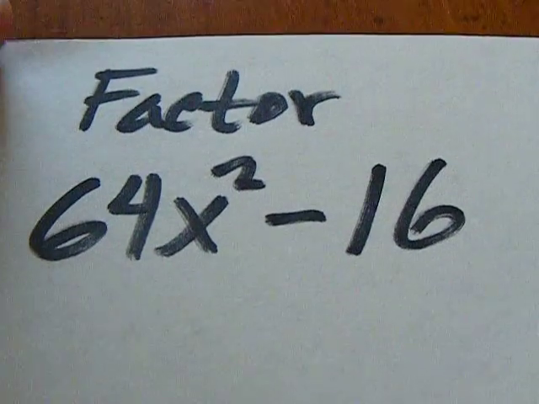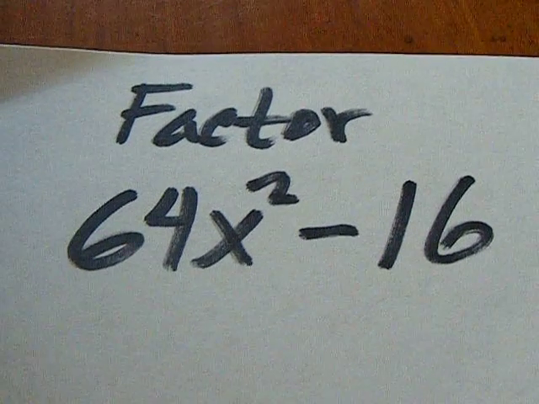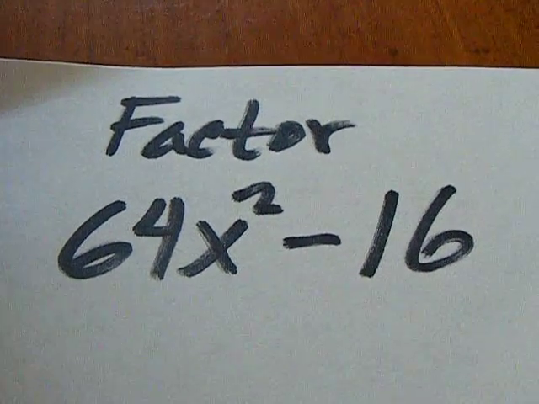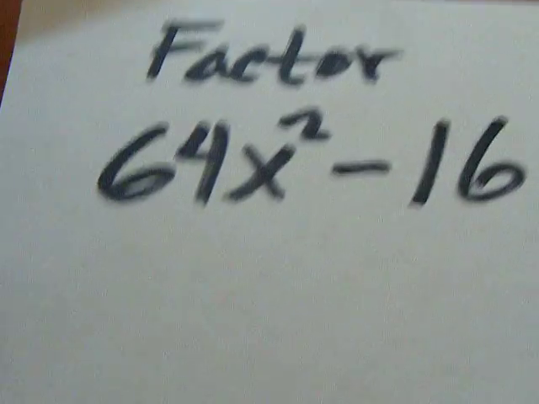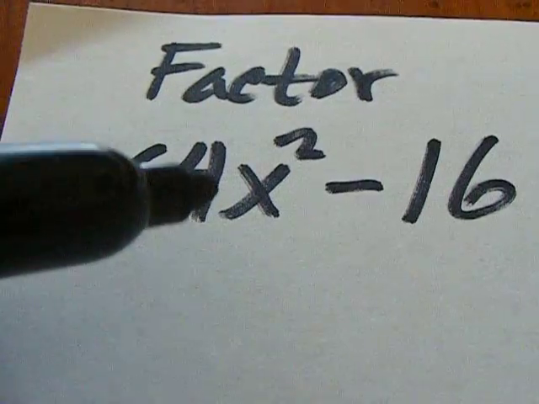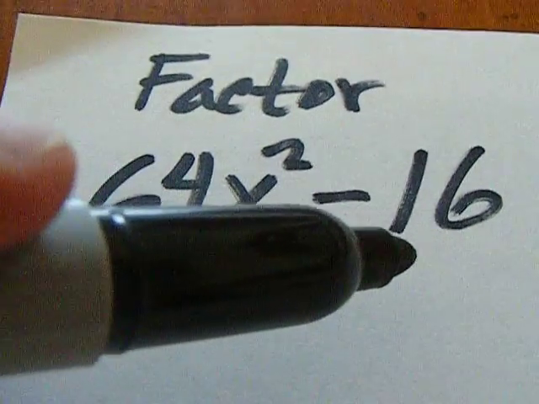Now the first thing you want to do whenever you're factoring is try to get a GCF first to make things simpler. If you get a GCF first, a lot of times that makes things a lot easier. So my hunch says that I can divide 64 by 4, and I can also divide 16 by 4.